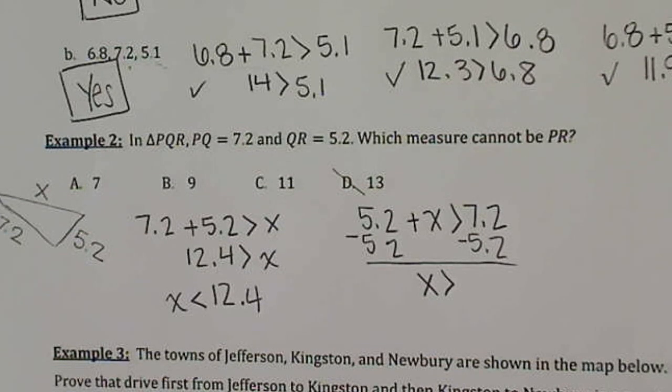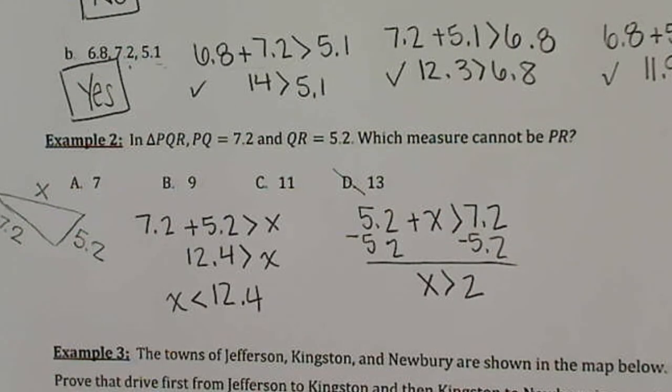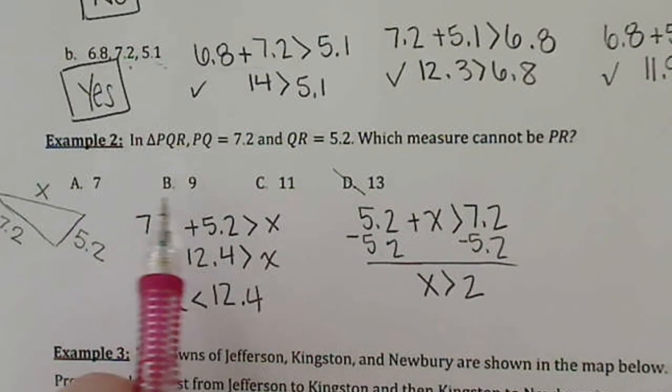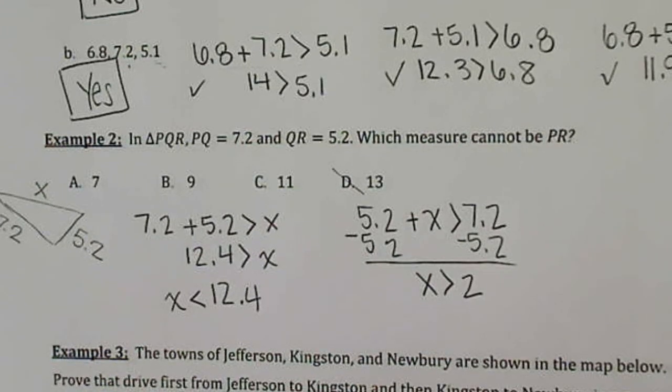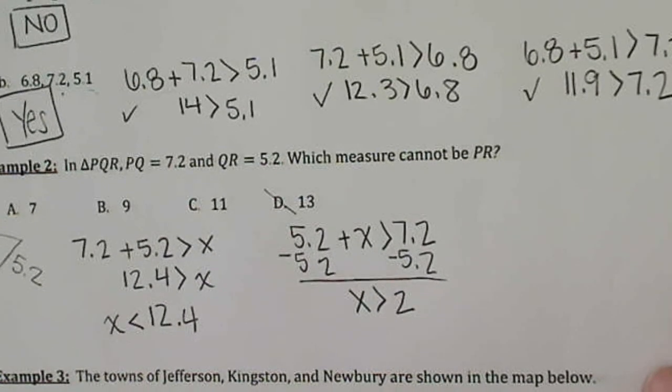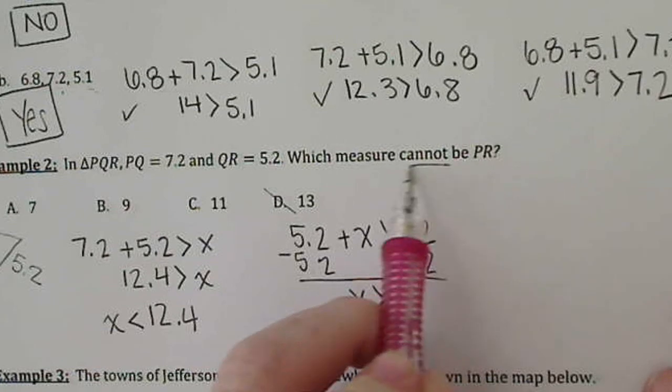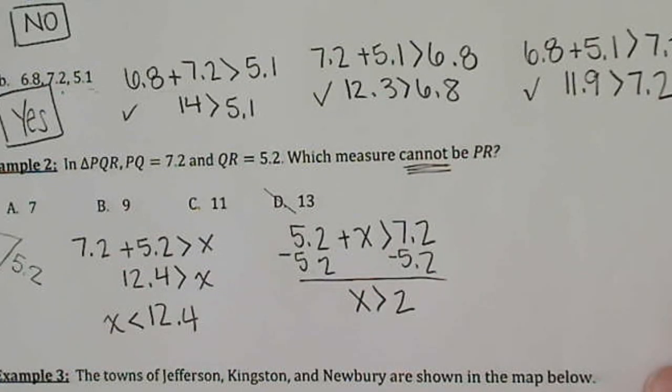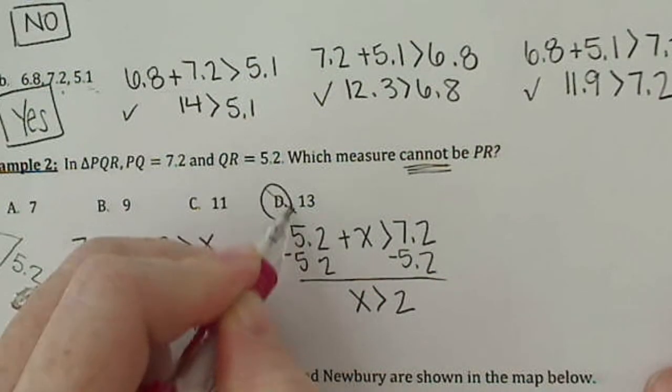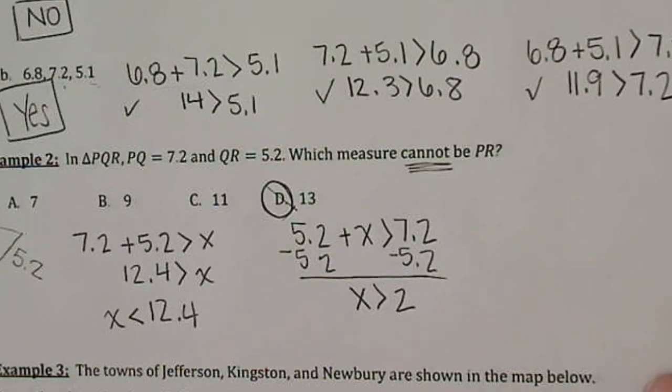What does x have to be greater than? X has to be greater than 2. All of these are greater than 2. Now we want to know which cannot be PR. So it has to be D.